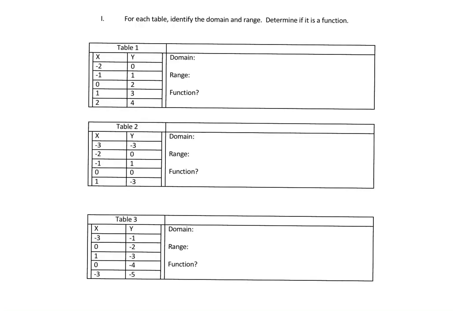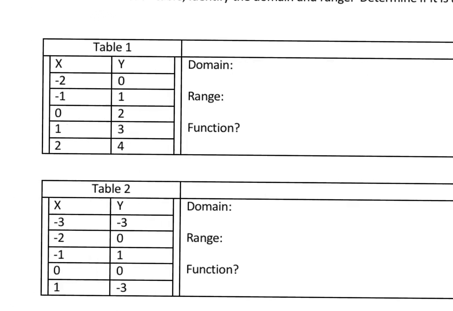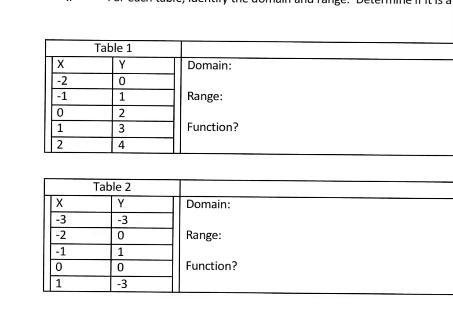All right, so let's go ahead and look at some tables to start off with. These are some of the easiest ones to look at domain, range, and determining if it's a function. All right, so the first thing that we're going to do is we want to identify the domain and the range. So remember, the domain is the set of all inputs. And so it's going to be all of our x values.